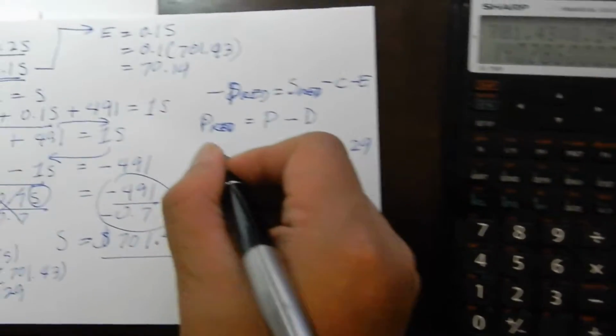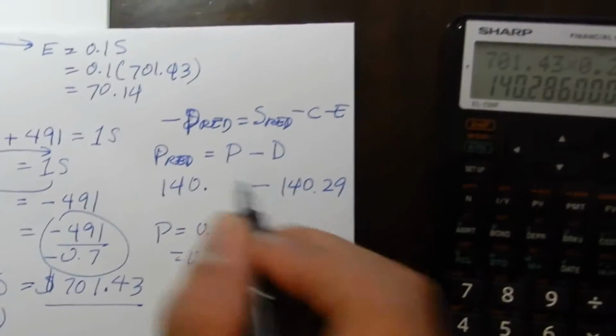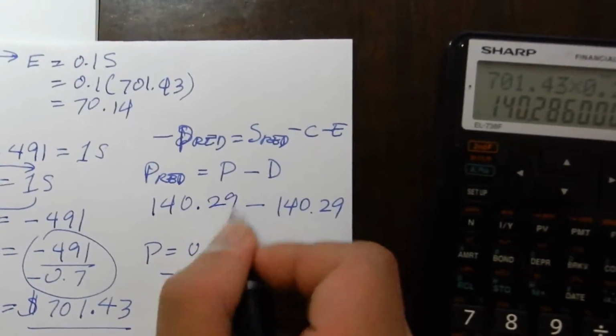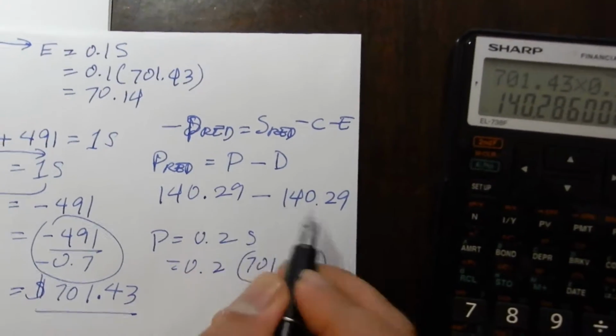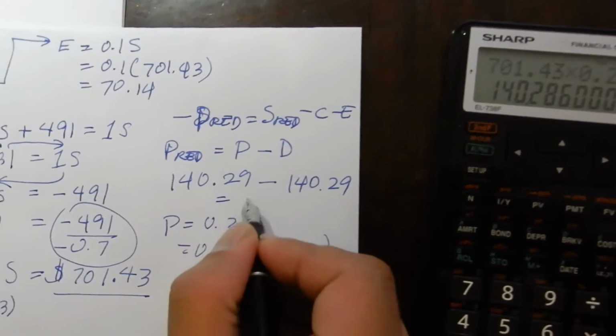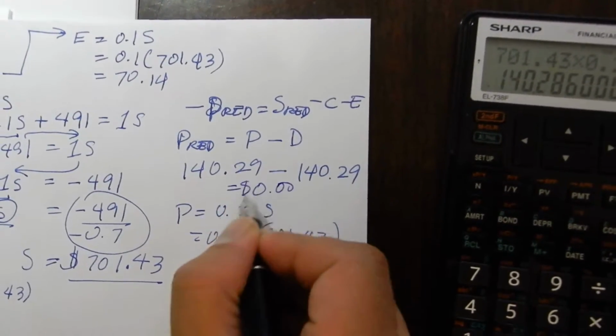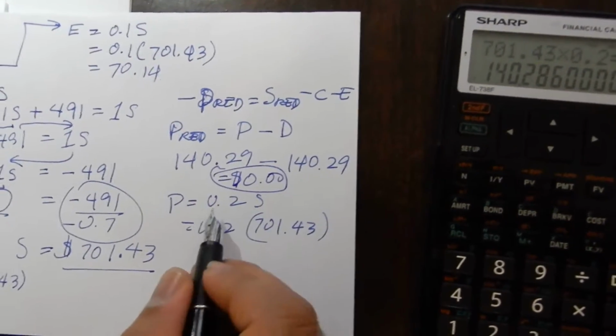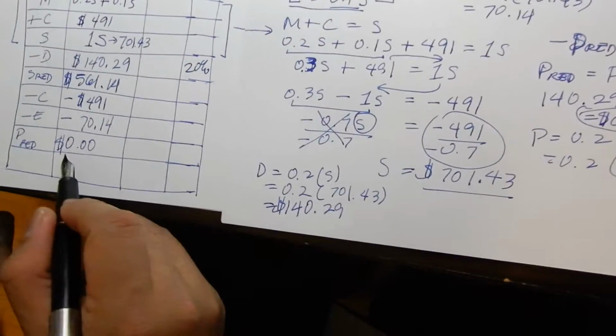Wow, okay, that'll be 140.29. See, these are the same number. So if I do the arithmetic here, it will also be $0. So I'll come up with the same number as I did earlier.